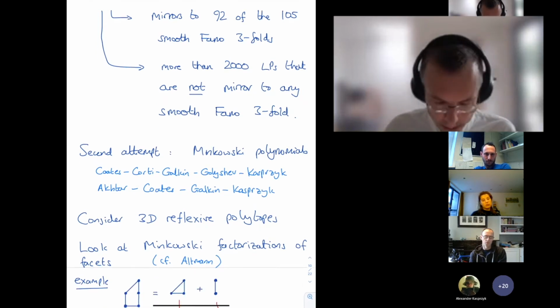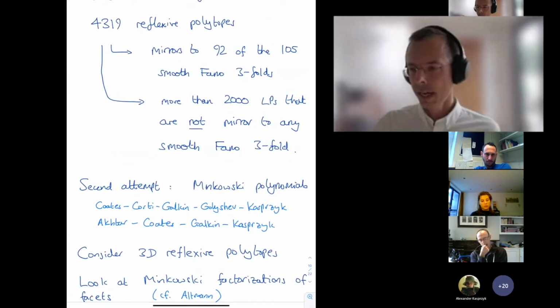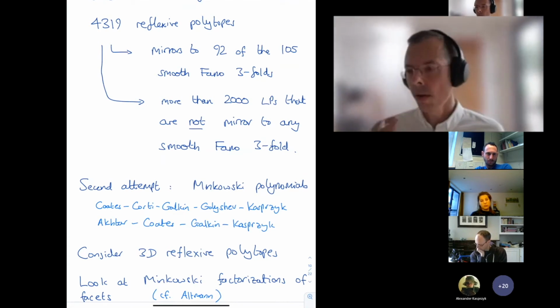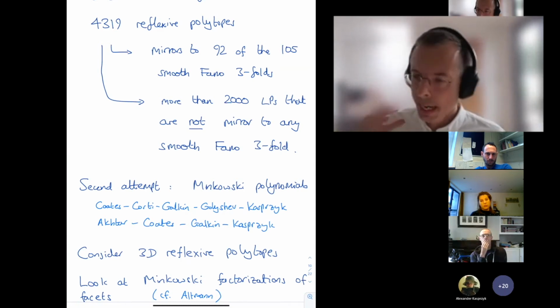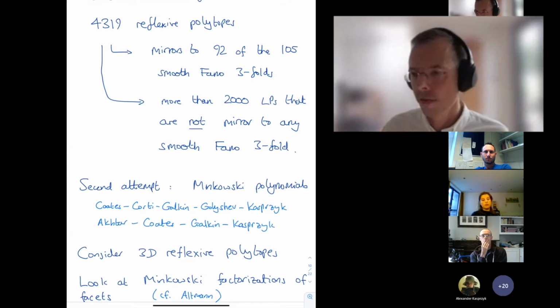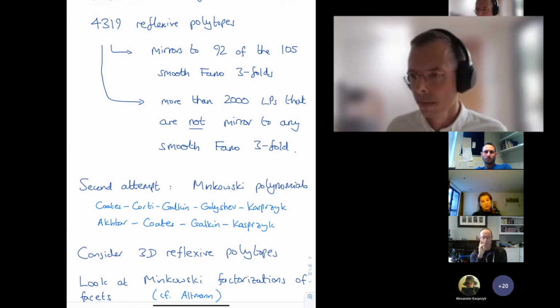The idea is that if you give me a 3-dimensional reflexive polytope, I can try to build a mirror Laurent polynomial with that Newton polytope, which is mirror to a Fano threefold, and I do it by looking at Minkowski factorizations of the facets of that polytope.